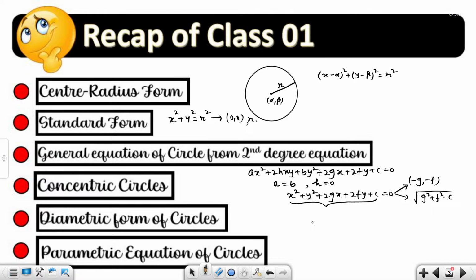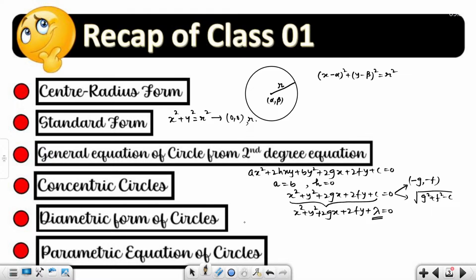Now any concentric circle to this circle, everything will remain the same. Only this constant term will differ, because concentric circles have their centers equal. Only the radius differs. That is why I have added a constant lambda over here. This I have all explained in the first lecture.